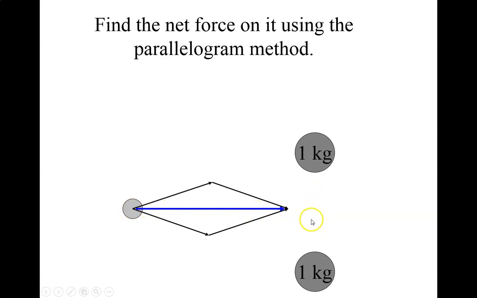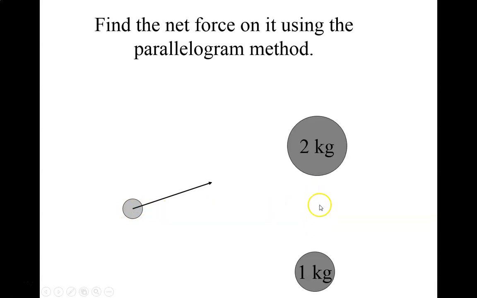Let's look at a slightly different scenario where we have a 1 kilogram and a 2 kilogram object. So now if this is 2 kilograms and we have this much force, how am I going to draw this arrow down like this to show that there's only a 1 kilogram object here?